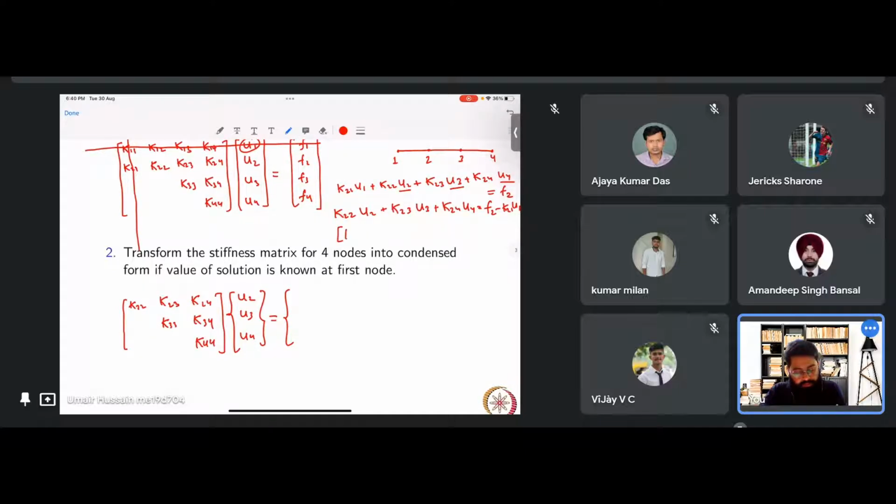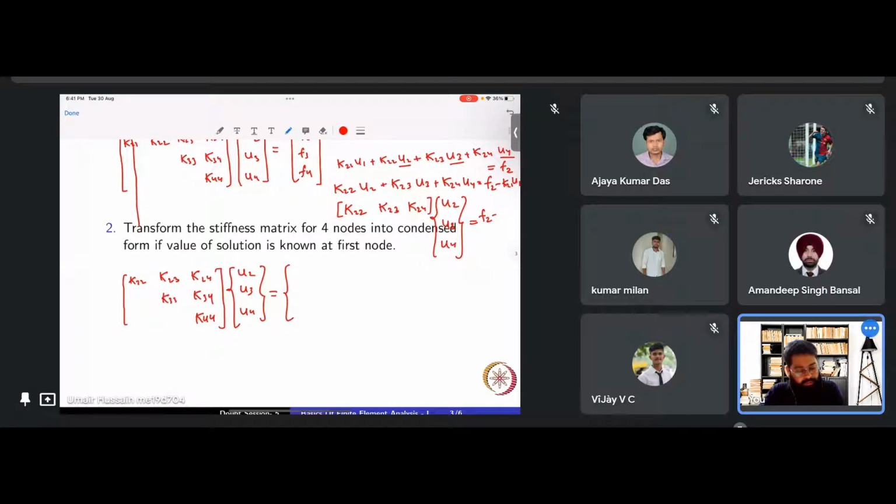We can arrange in form of vectors: k22, k23, k24 times u2, u3, u4, and on the other side we'll be left with f2 minus k21 u1.